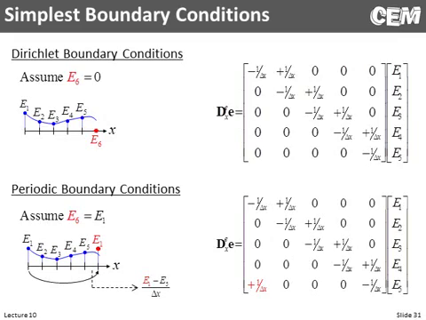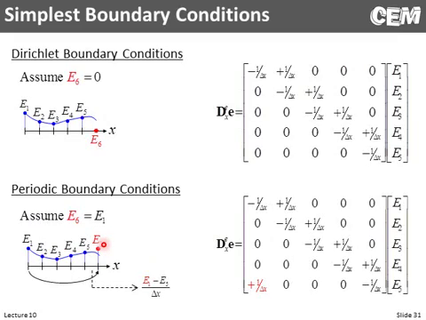So we did Dirichlet boundary conditions. Another one that's really simple, and it should make sense we're going this direction, is a periodic boundary condition. We're going to treat everything as if it's periodic. Well, for this one-dimensional grid, if it really is periodic, and we only had 5 points, if we ever needed an E sub 6, and the field really does take on the same symmetry as the device it's in, then E sub 6 and E1 should be the same thing.